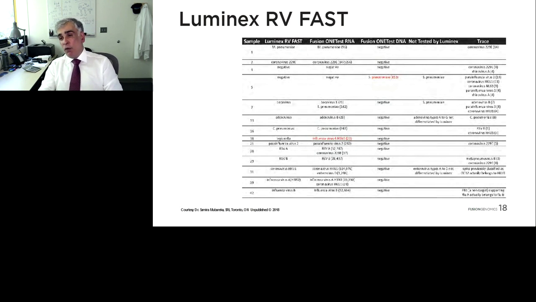Then, if you also go towards the very end of the sheet, you also see trace. What that means is, because the assay is sensitive and the assay is capturing the genomic regions of these pathogens, in most of these samples we were also able to recover traces of other pathogens.